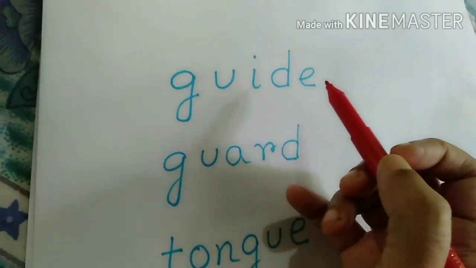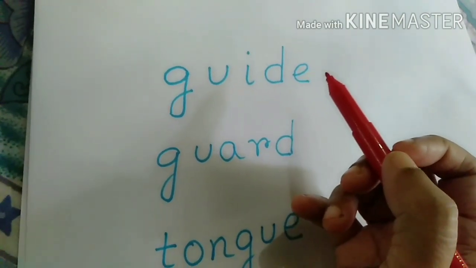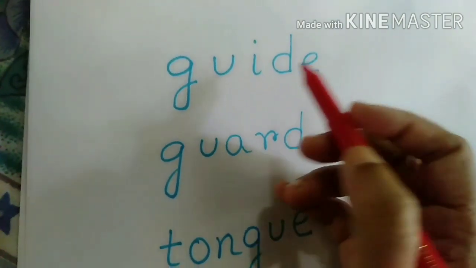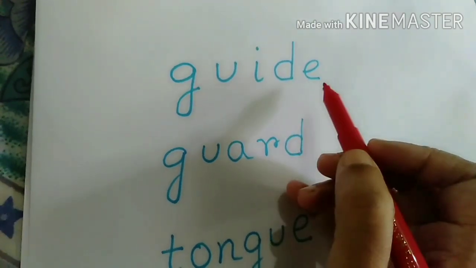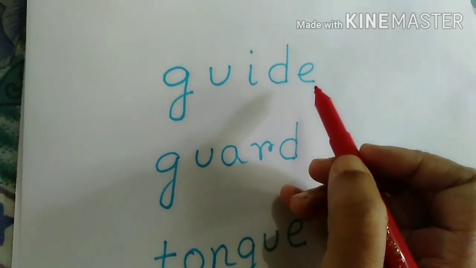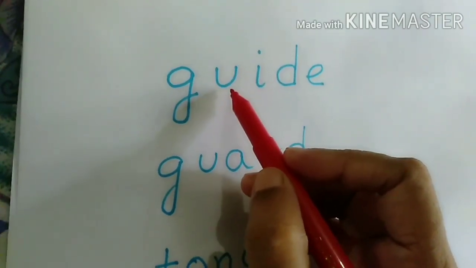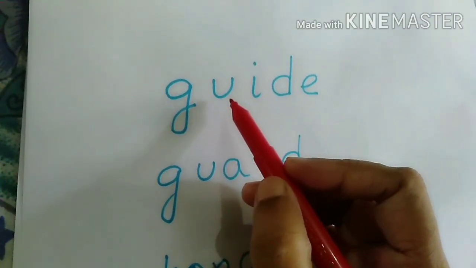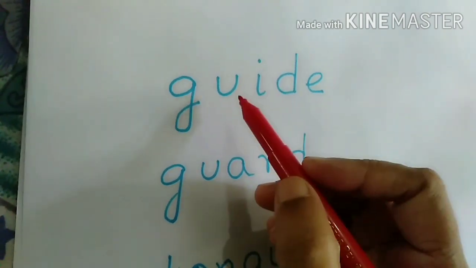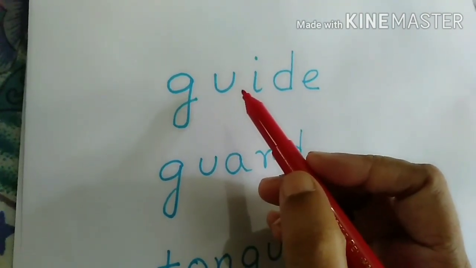Guide. Now what is the pronunciation of this word? It is guide. Guide, guide. But can you see that I am not pronouncing the letter U, because the pronunciation of U is like U for umbrella.